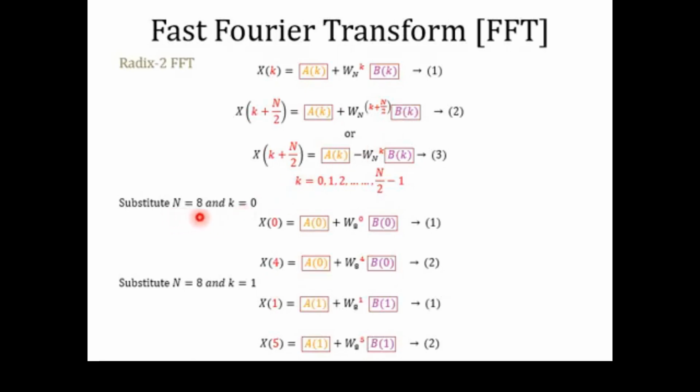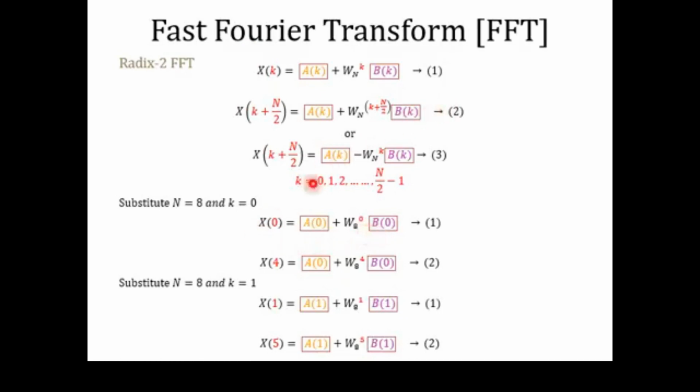Suppose n is equal to 8, which is the case of 8-point FFT, and put k equal to 0 in equation 1 and 2. So when you put n equal to 8 and k equal to 0 in equation 1 and 2, equation 1 will become this equation, which is capital X(0) is equal to A(0) plus W8^0 times B(0).